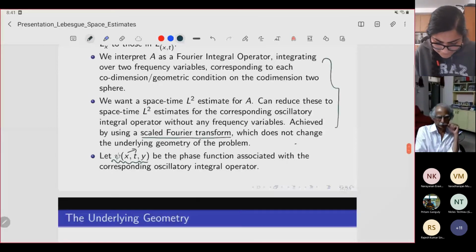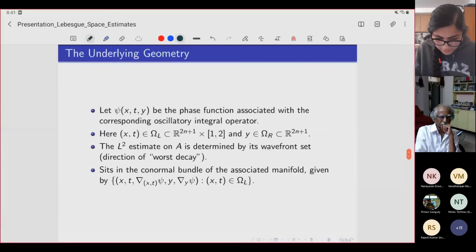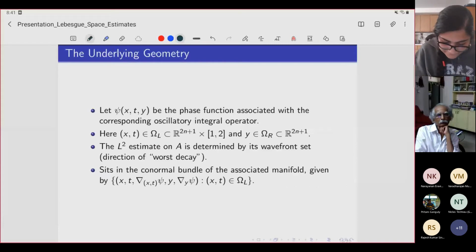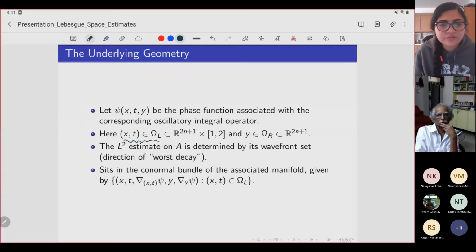Okay, so what's the underlying geometry over here? Let psi be the phase function associated with the oscillatory integral operator. And again, let me emphasize that x comma t are drawn from some suitable open set omega L, where L stands for left, which sits in R^(2n+1) times (1,2), meaning it's a 2n plus 2 dimensional set.